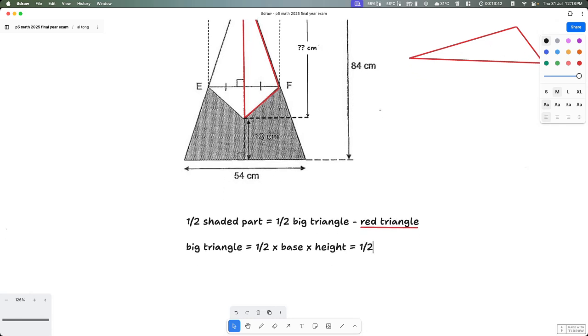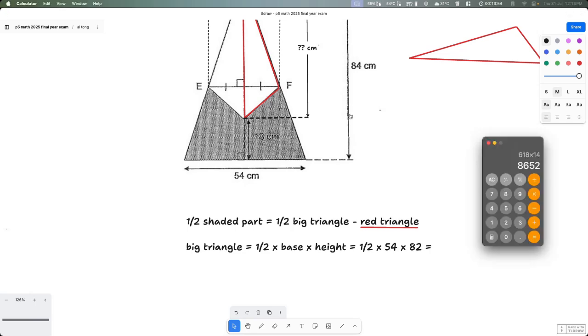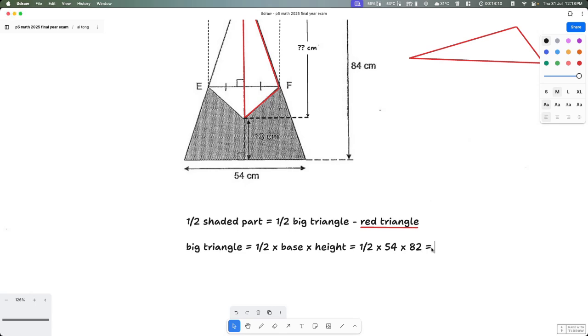So we use the calculator: half times 54 multiplied by 84, or 54 multiplied by 84 and then divide by 2. This will give you 2214 centimeters squared.